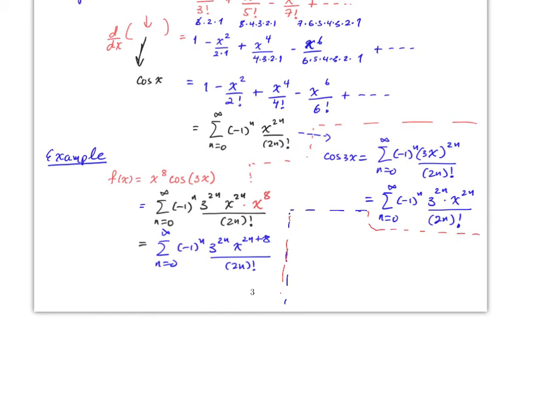So therefore, the integral of x to the a cosine 3x, and you should check this, is going to be the sum from n equals 0 to infinity, negative 1 to the n, 3 to the 2n, and then it will be x to the 2n plus a plus 1, divided by the 2n factorial that you already have there, times 2n plus a plus 1. And that's it. That's how easy it will be to find the integral of this.